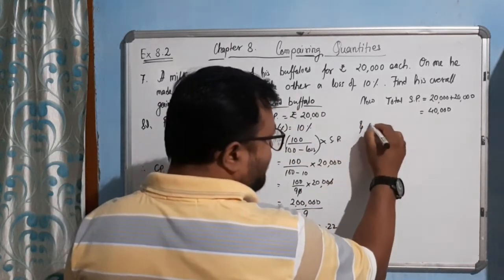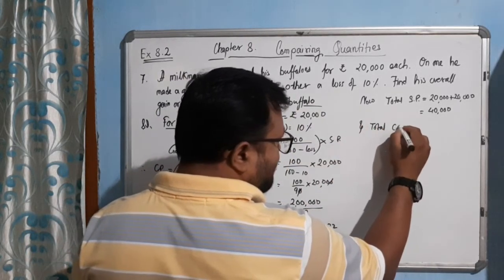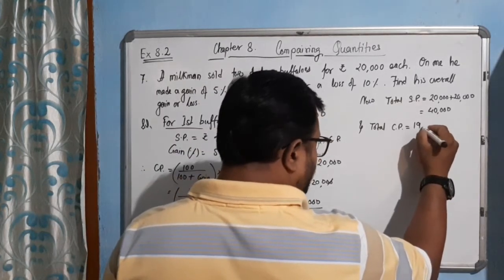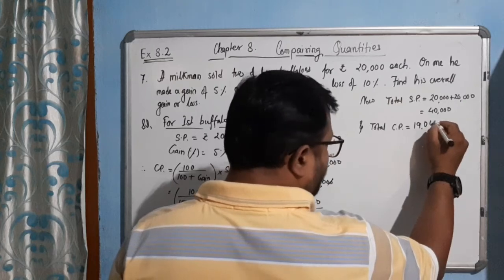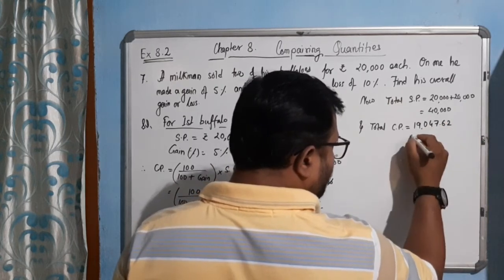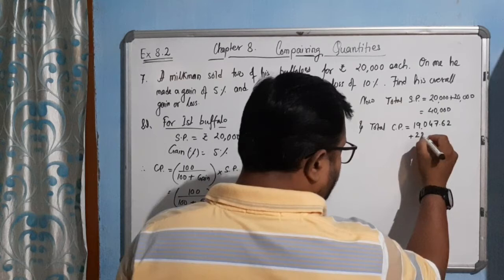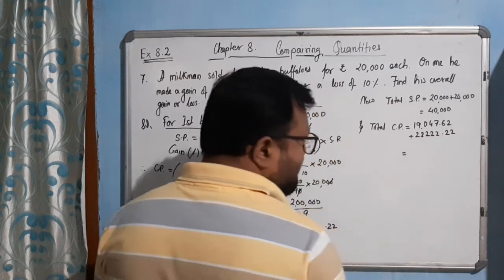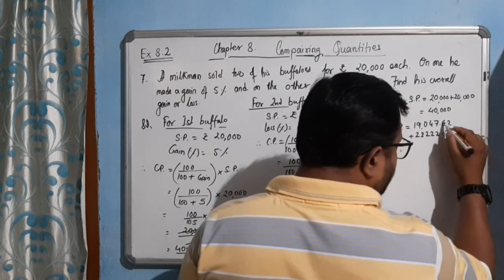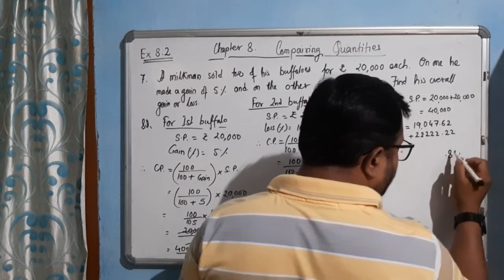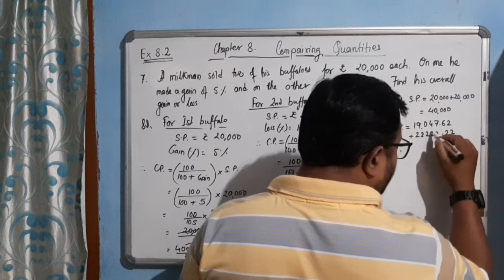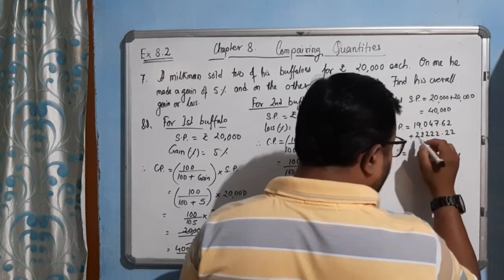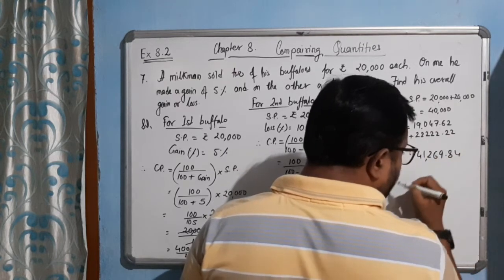And total cost price equals 19,047.62 paise plus 22,222.22 paise. So how much is that? Adding these two, we get the total.